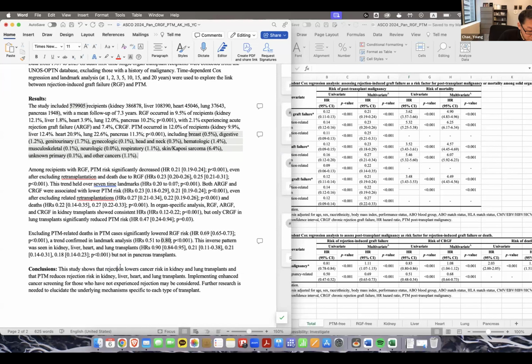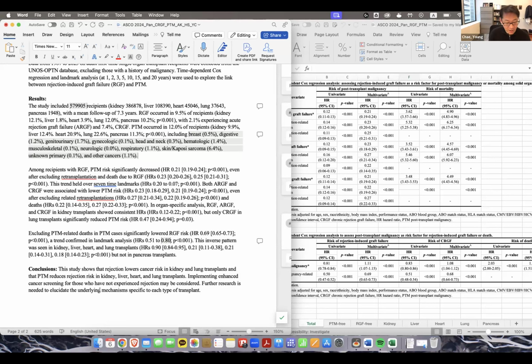Implementing enhanced cancer screening for those who have not experienced rejection may be considered. Further research is needed to elucidate the underlying mechanism specific to each type of transplant. So this mechanism is a little vague.